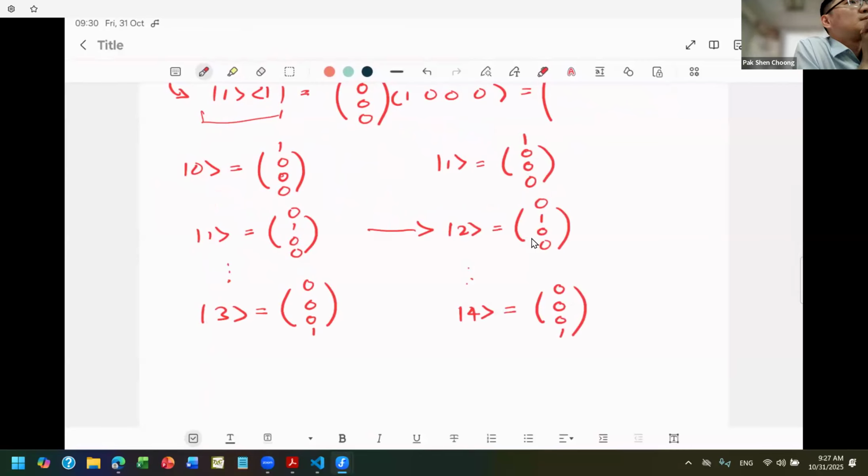If your K and P are not equal, let's say K equals 1, P equals 0, then the inner product that you are forming is orthogonal, and that equals 0.